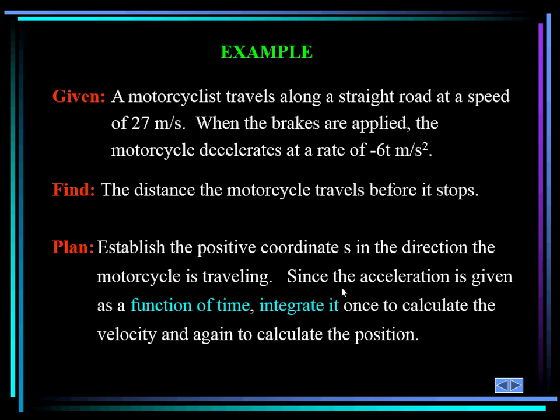So this is the case that I was telling you about. We have a motion in here. In this case, the velocity is going to be 27 meters per second, but the acceleration is going to be minus 6 meters per second squared.